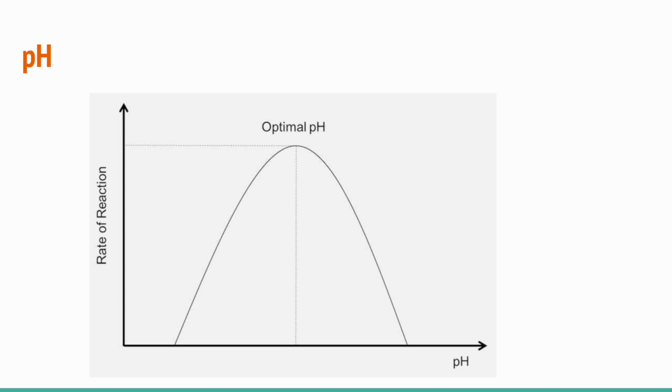Now, different enzymes have different functions and act in different parts of the body, and are thus in different environments with different pHs. Enzymes have thus had to adapt to the pH surrounding them, and this has had an effect on the optimal pHs of given enzymes. So if we look at the example of the stomach, pepsin works in the stomach, and the stomach is, of course, a very acidic environment with a very low pH.